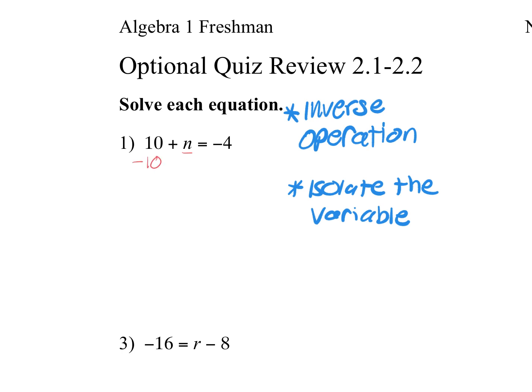It's a -10. We do -10 on both sides, and then 10 minus 10 is 0. If it's 0, it goes away completely. The identity property of addition is 0 plus anything is itself. So we get n equals -4 minus 10. When they have the same sign, you can add them and you keep the sign. So -14 is your answer here.